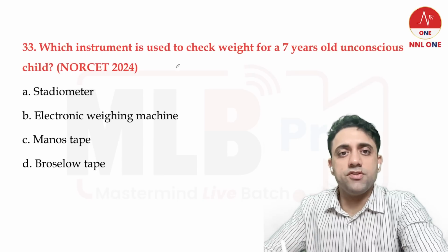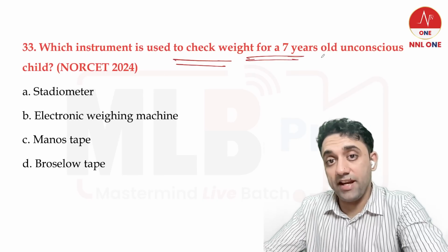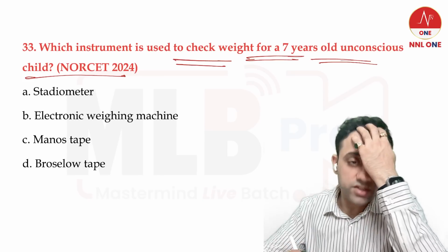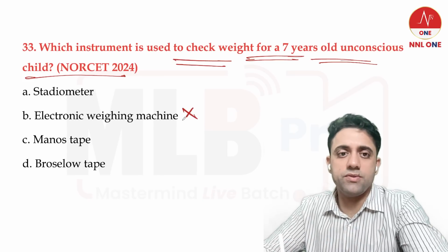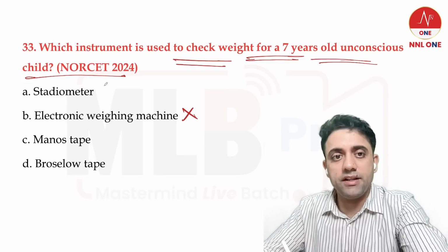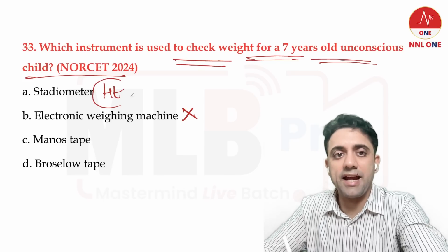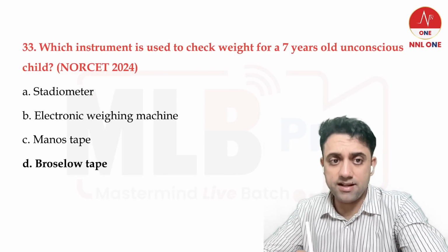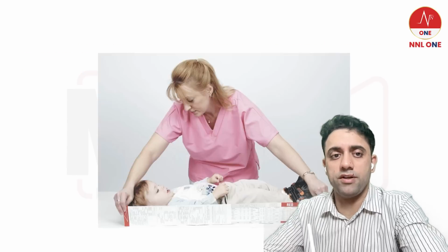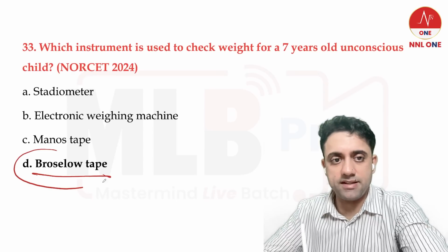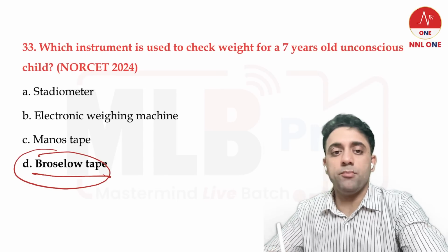Which instrument is used to check the weight of a 7-year-old unconscious child? The child is unconscious, so I cannot use the electronic weighing machine because the child has to be alert for that. Stadiometer is used to take the height of the baby, not the weight. Now the best answer for this question will be Broselow tape.